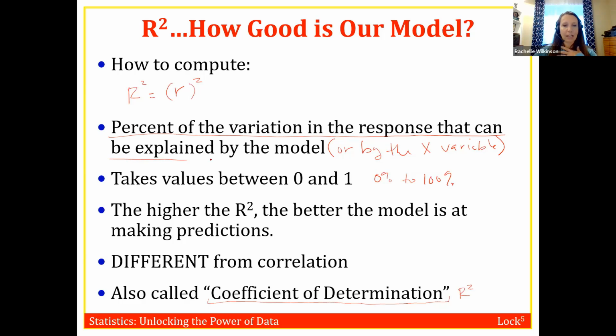I would say something like, what percent of the variation in temperature can be explained by chirp rate? And then you would say, that's totally the definition for R squared. She thought she was going to trick me, but she's not. Then you would just find R and square it, and you would have your answer.